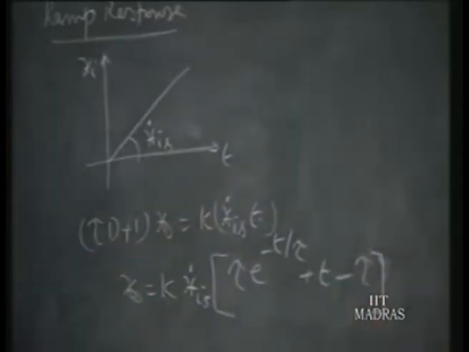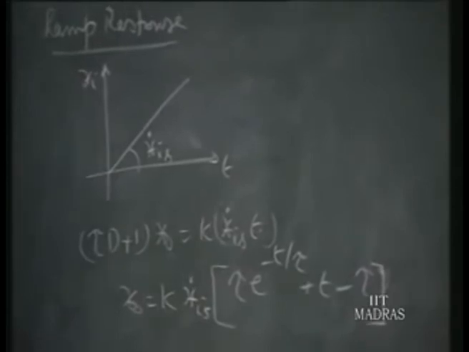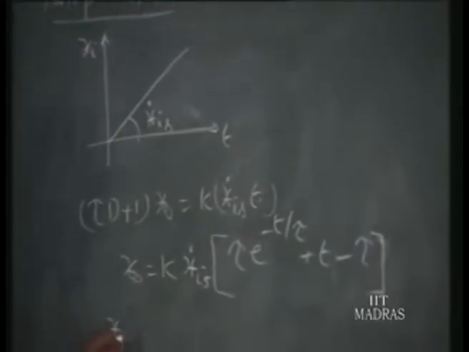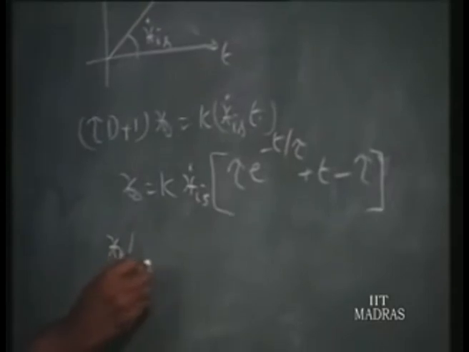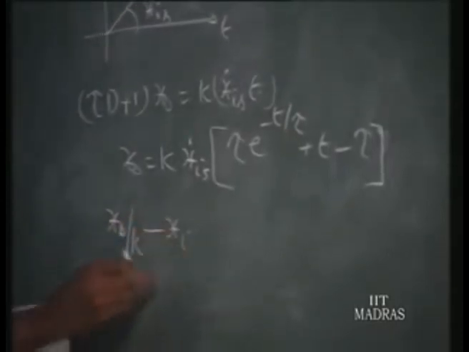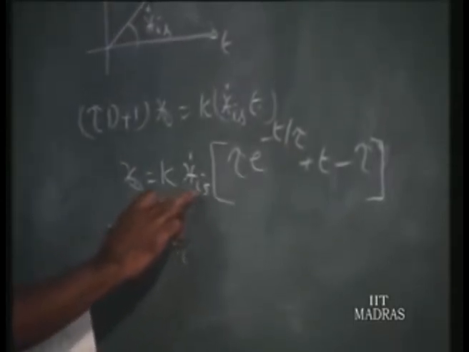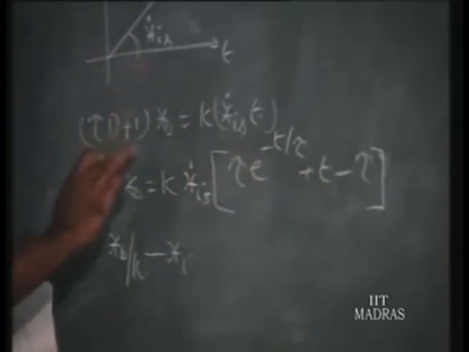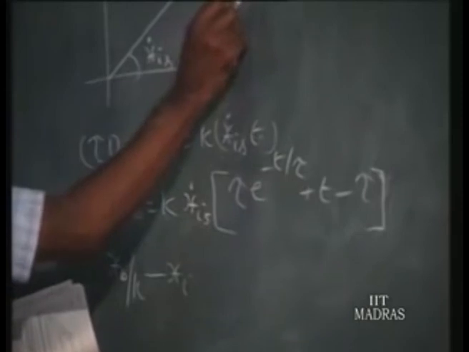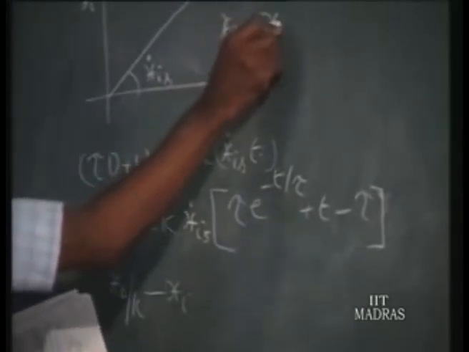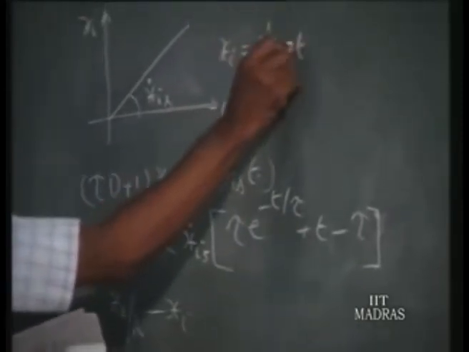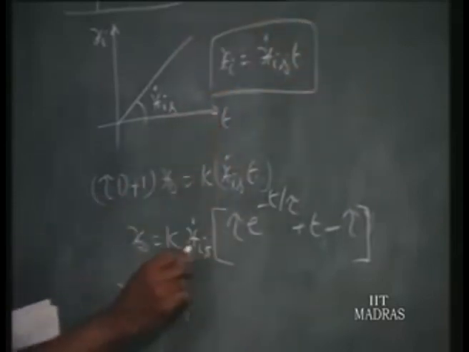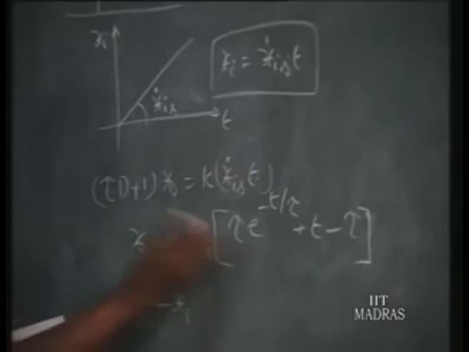Now we rewrite it so that we get the following form: xo by k minus xi, that is xis dot into t, is equal to, we know xi is equal to xis dot into t, this is our xi signal. So xo by k, we brought the k here, and xis dot into t will be xi, brought to this side.